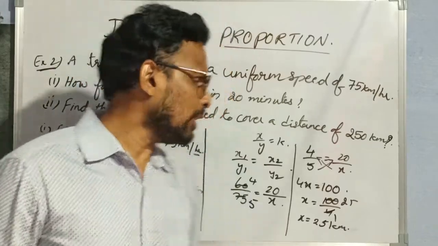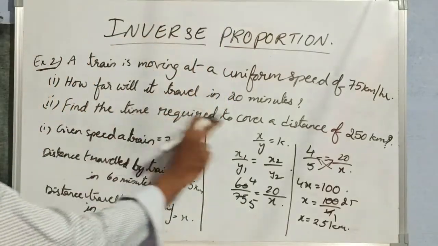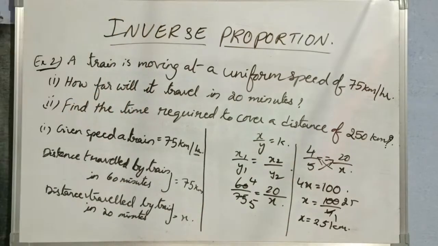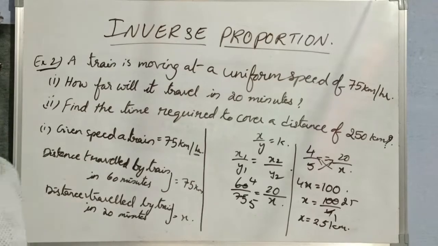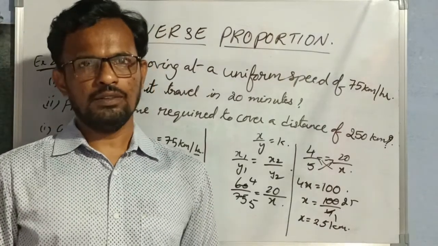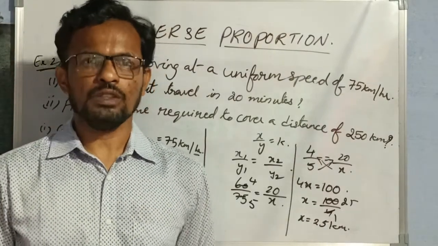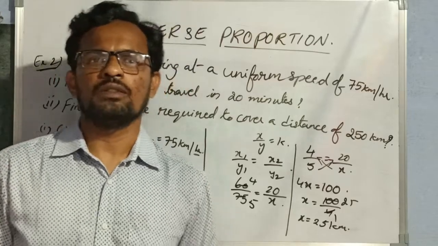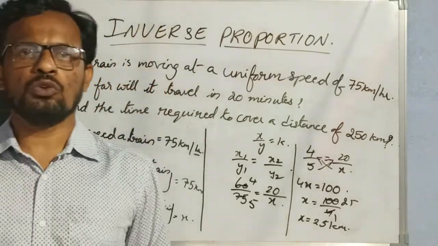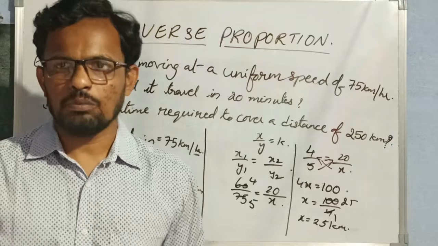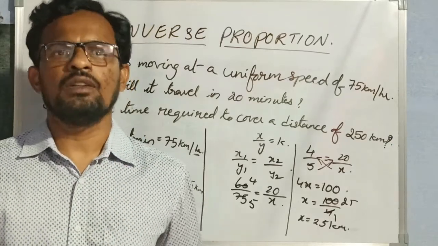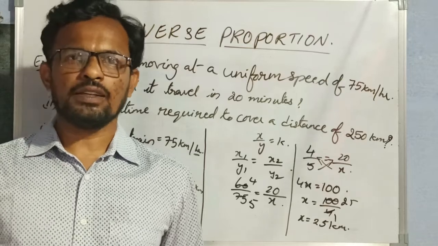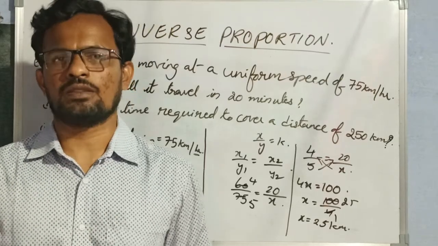Clear? So next point also. See here, find the time required to cover a distance of 250 kilometers. So here also it is time and distance, so same, direct proportion. Clear? I have purposely taken this question because I wanted to show you that by seeing the words speed and time, we should never decide that it is either direct or inverse.